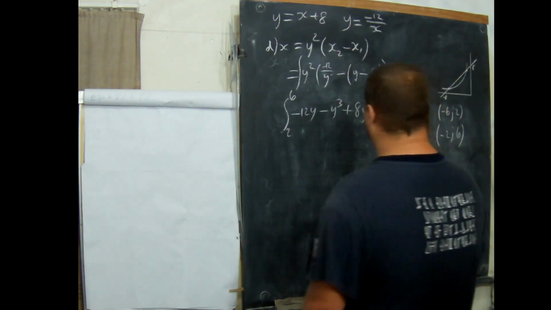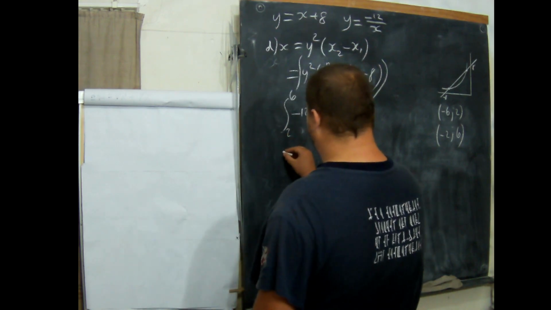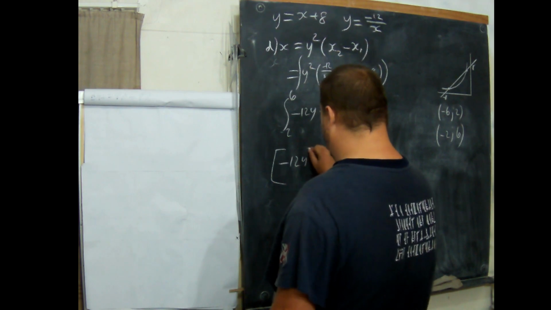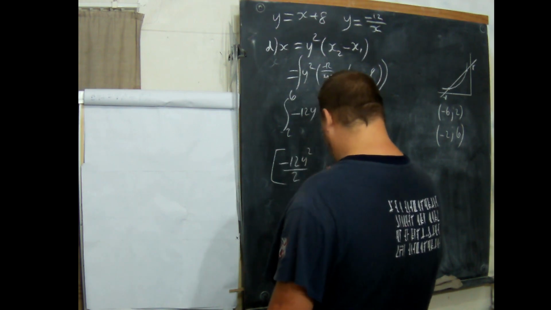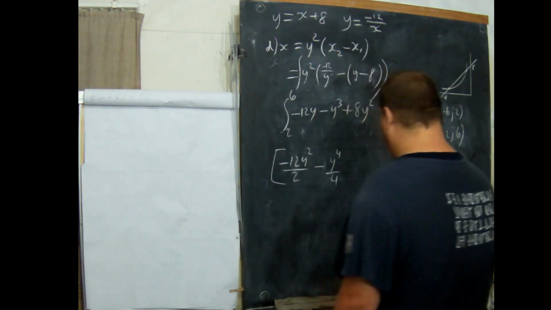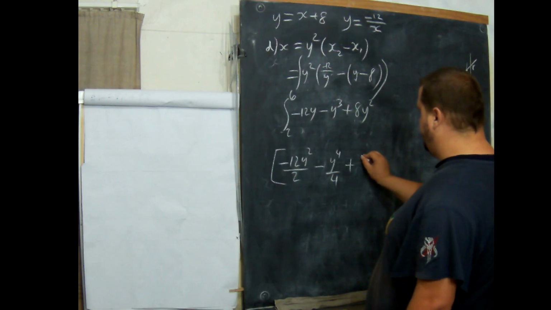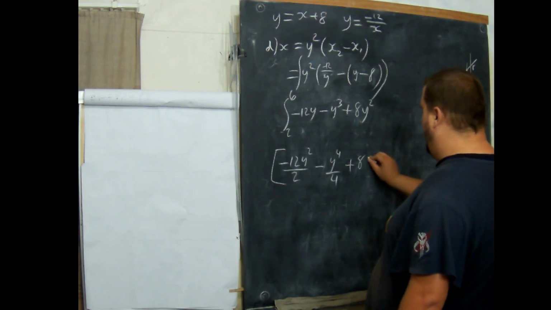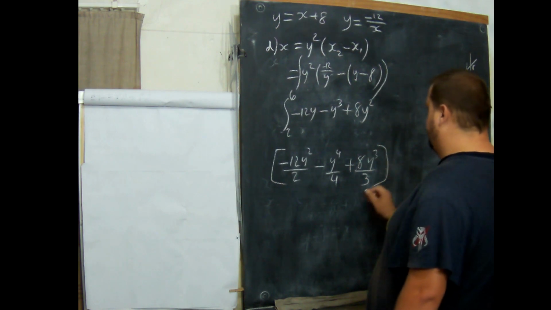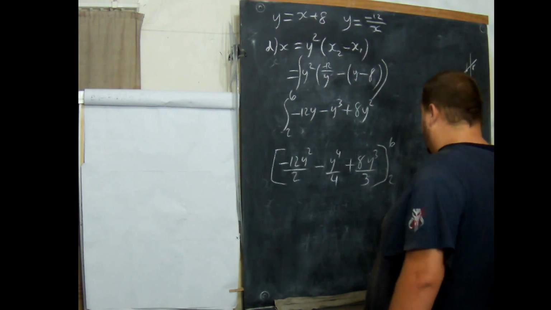So, let's integrate. Minus 12y squared over 2, minus y to the 4 over 4, plus 8y cubed over 3, between 6 and 2.